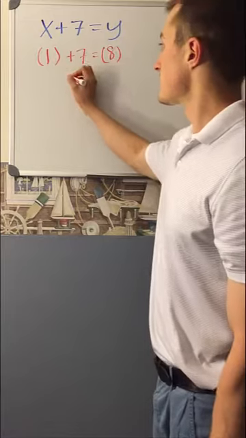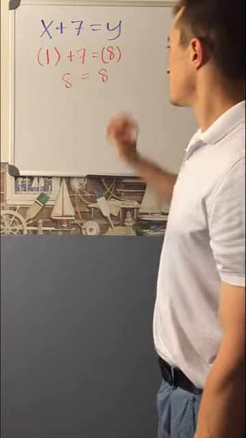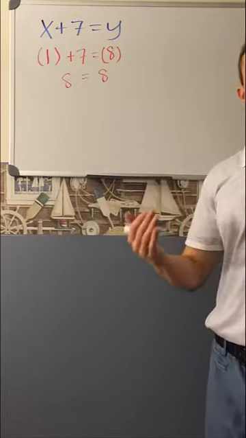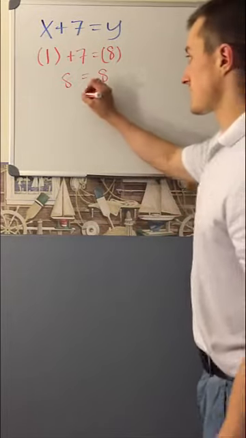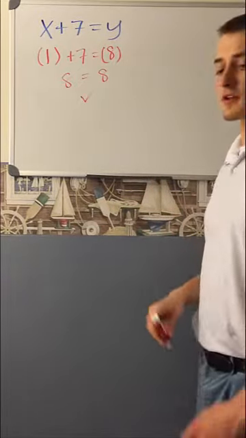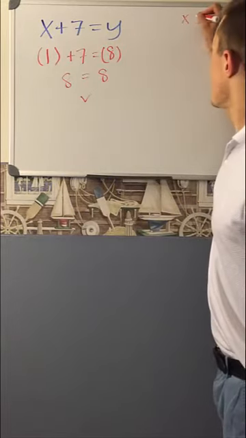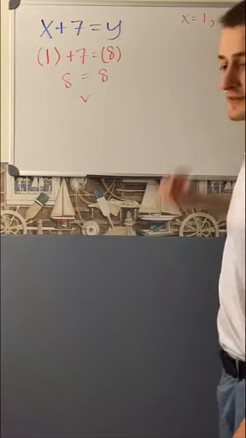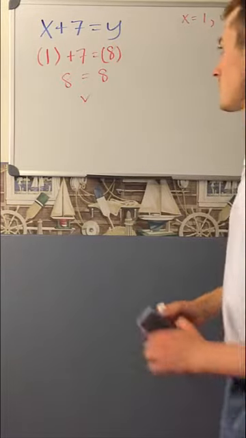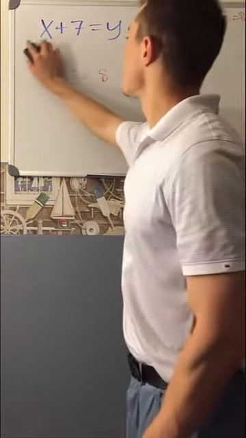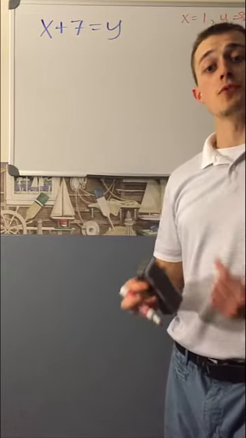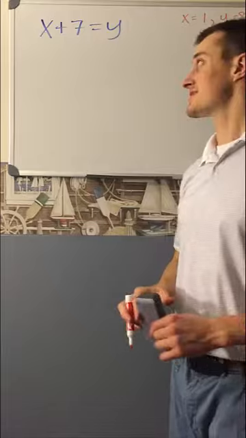So I get 1 plus 7 equals 8, and then y equals 8. Both sides are equal to each other, so that's okay. So one possible solution is x equals 1, y equals 8. But there's two variables. So what's tricky about this is that there's actually more than one possible solution to this.